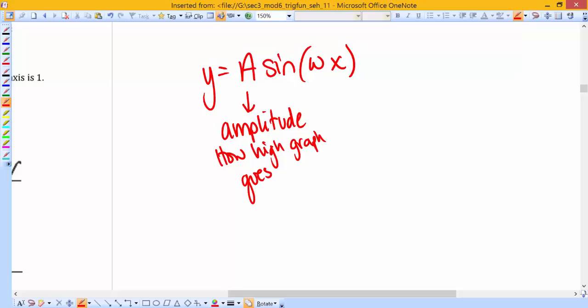Does it go up to 4? Does it go up to 7? Does it go down to 3? And the amplitude is always positive. If there's nothing that you see in front of sine, then that number is 1. If I see a number in front of sine, then it will change.